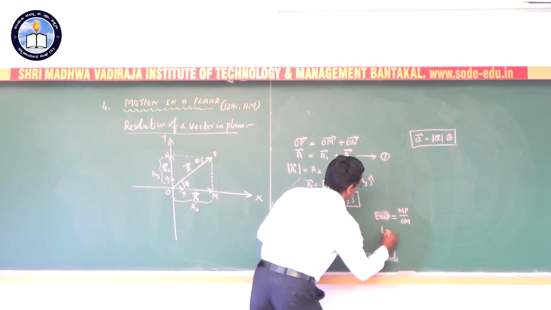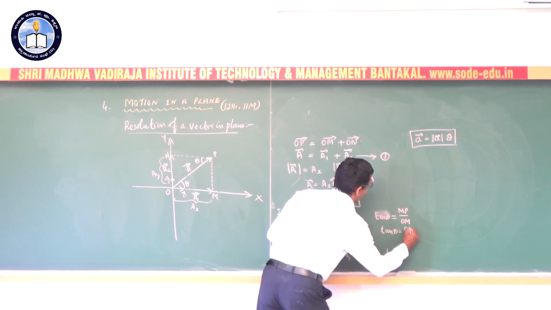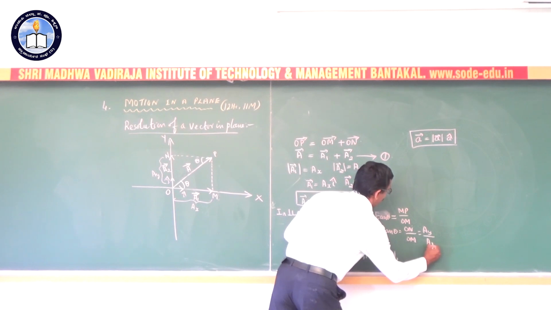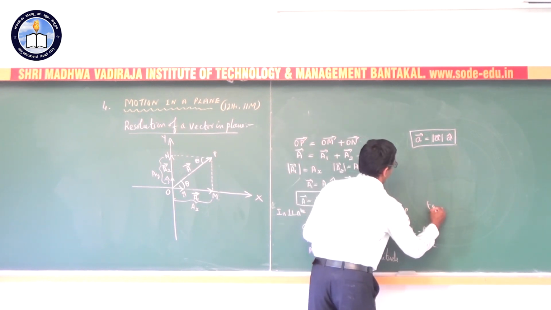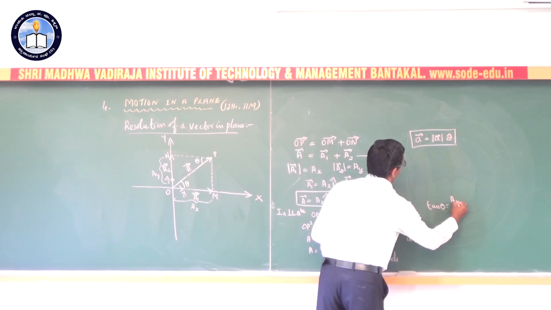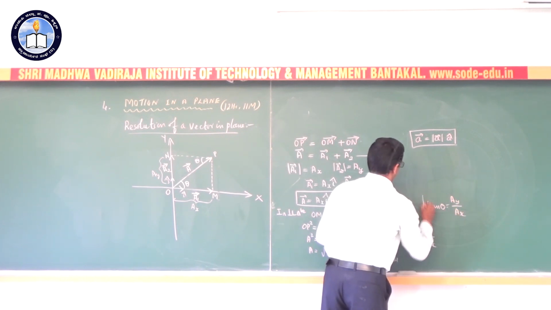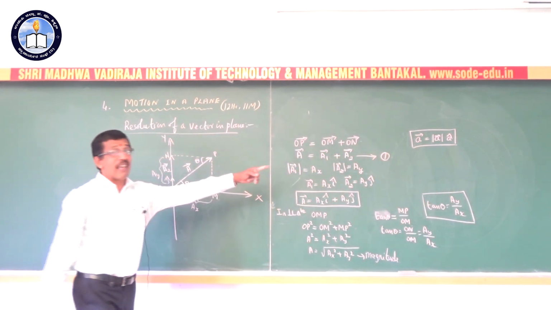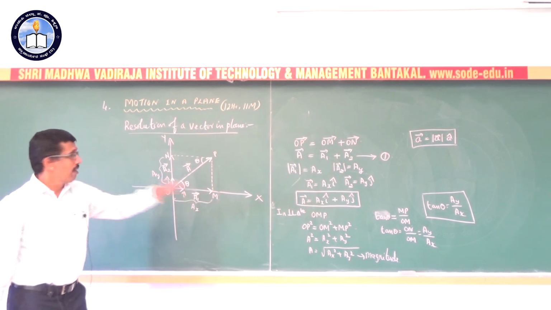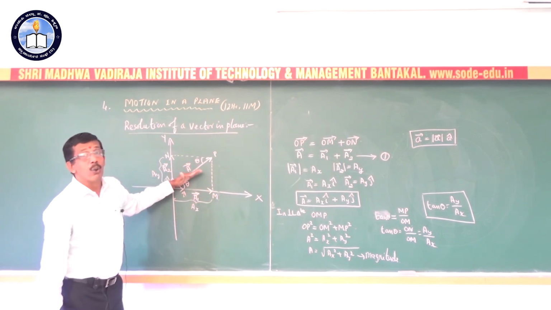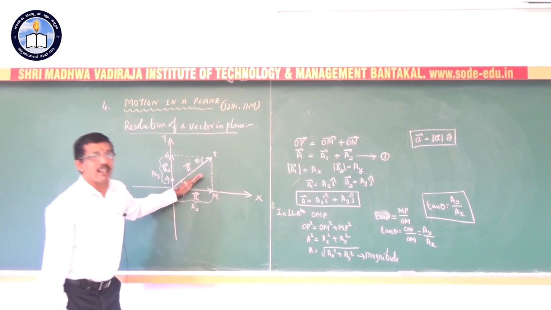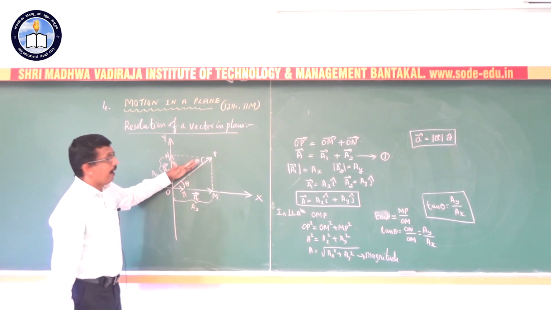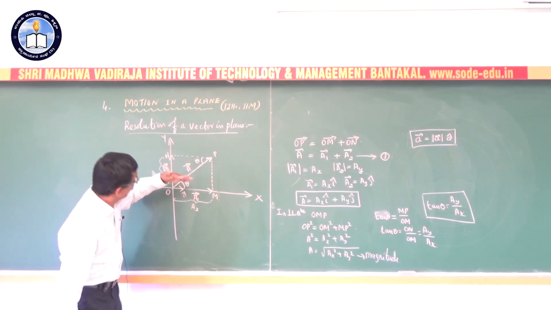So, tan theta is MP by OM, that is clearly AY by AX. So, this expression, tan theta is equal to AY by AX, gives the direction of the vector in a plane or two dimensions, the direction of A with respect to x axis.